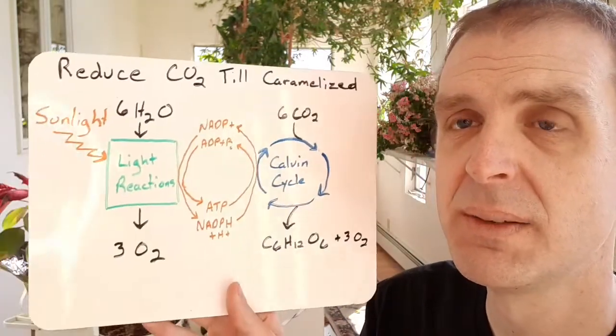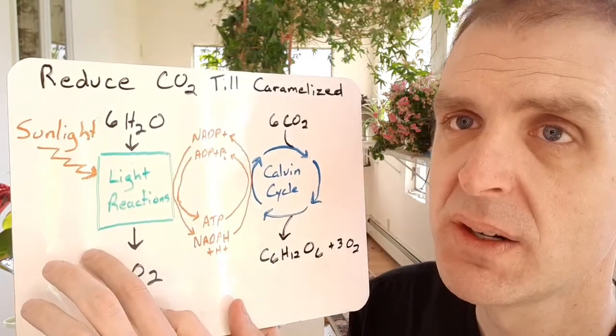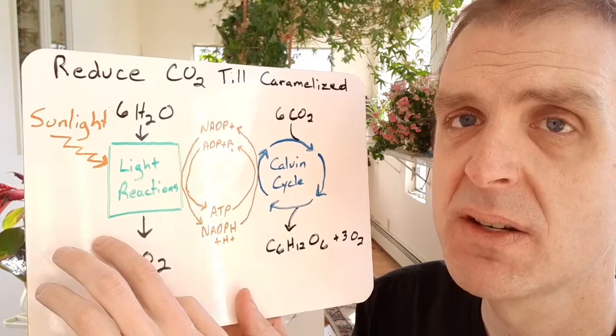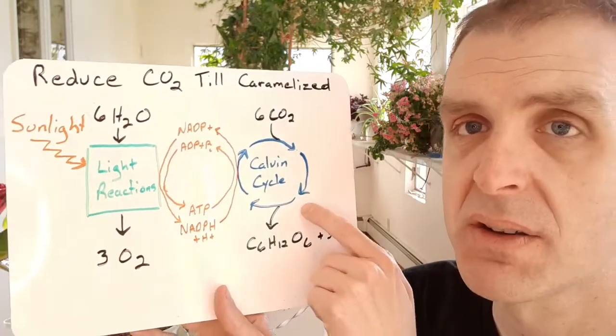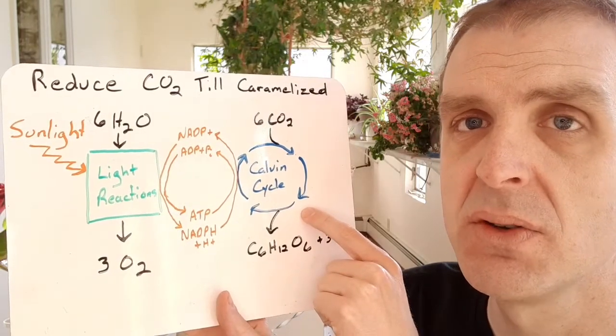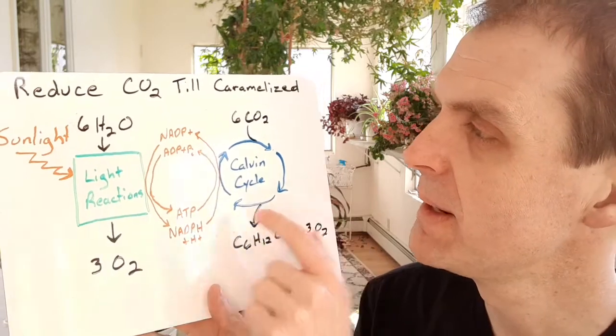All right, so let's take another look at photosynthesis, just to review that a little bit further. There are 2 main stages of photosynthesis. There are the light reactions, and then there's also the Calvin cycle, which used to be called the dark reactions because it doesn't require sunlight.